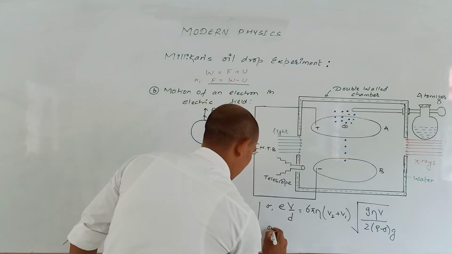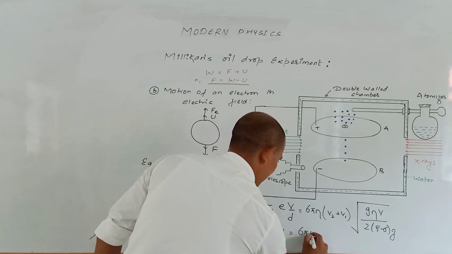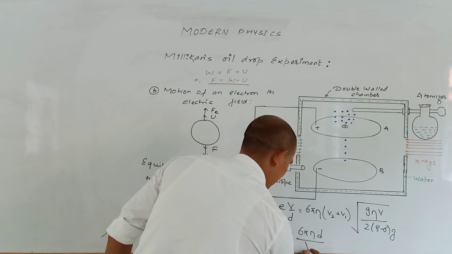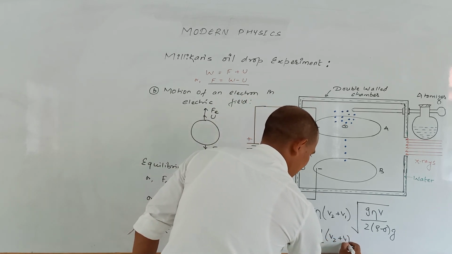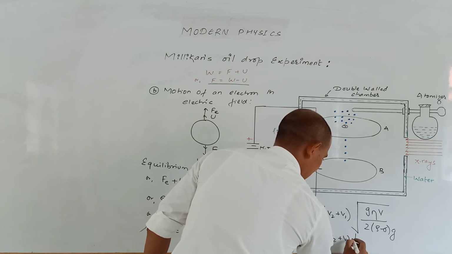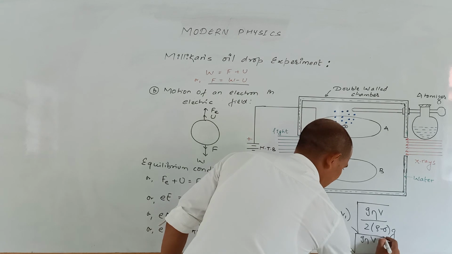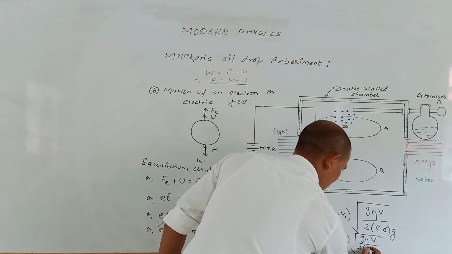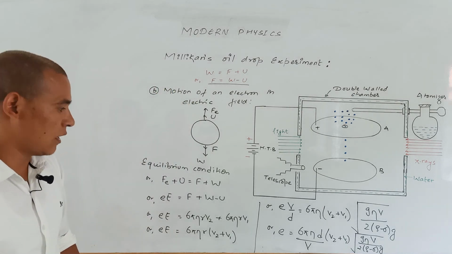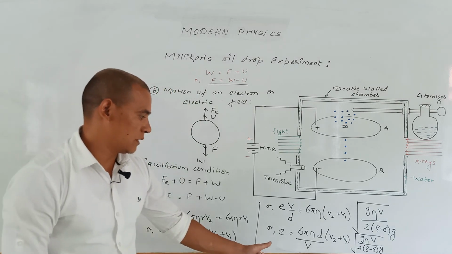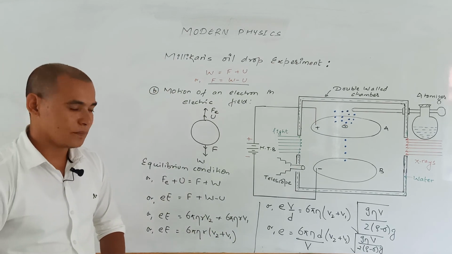So our final equation is E equals 6 pi eta d by V, where V is the potential, times V2 plus V1, times root of 9 eta v divided by 2 g, rho minus sigma, where v is the velocity. So this is our final equation. From this equation, we can calculate the charge of an electron.